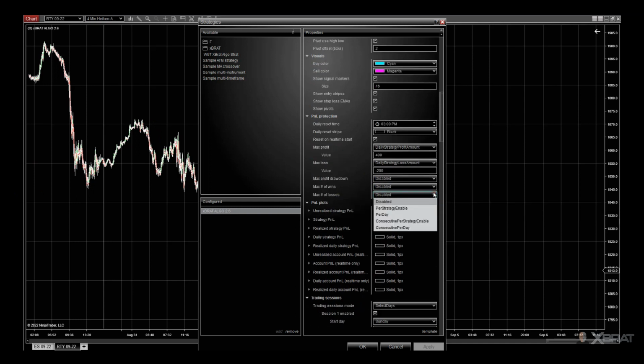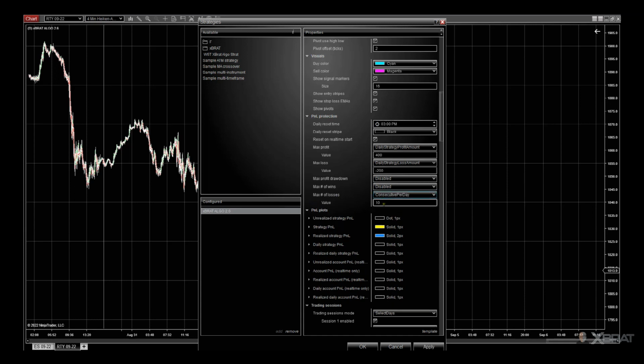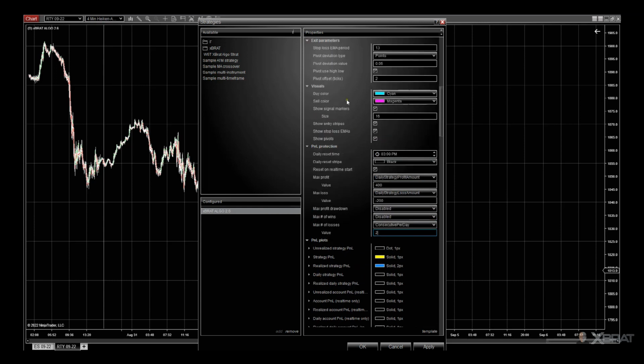We could look at this as consecutive per day, and say, actually, let's put that at 2, because those shorts really are affecting. Although we've got a great performance report, we only get 1 consecutive loser on the longs. So by just putting this consecutive losers per day on shorts, we may be able to get some of those losers in with this particular filter.